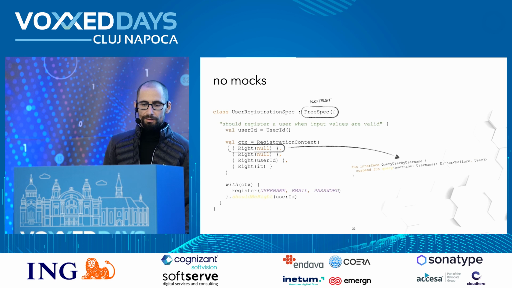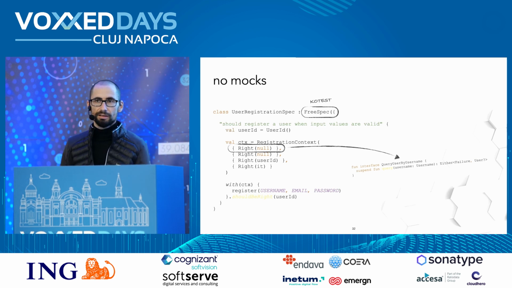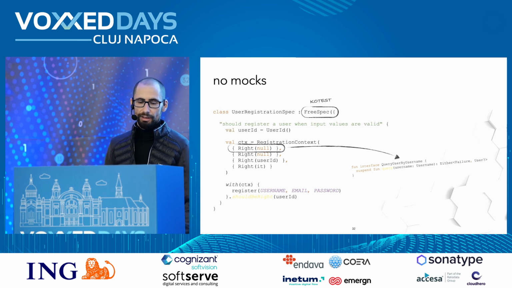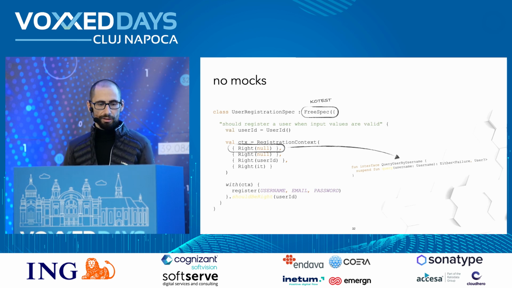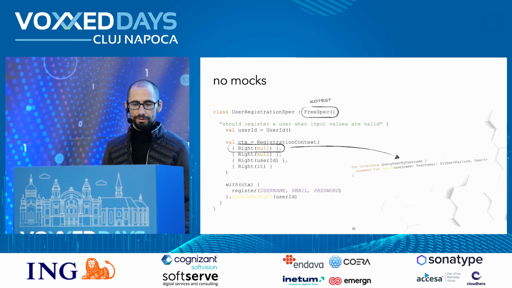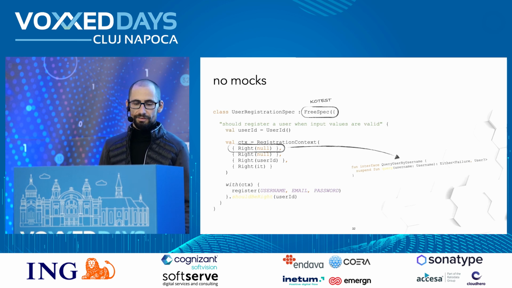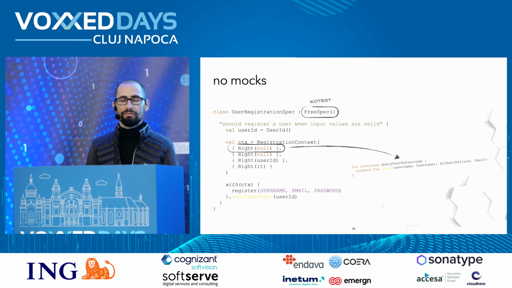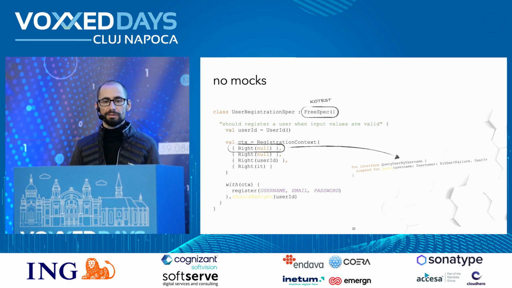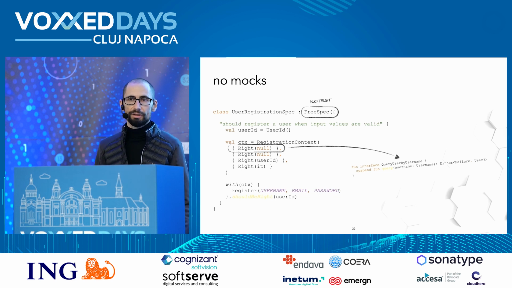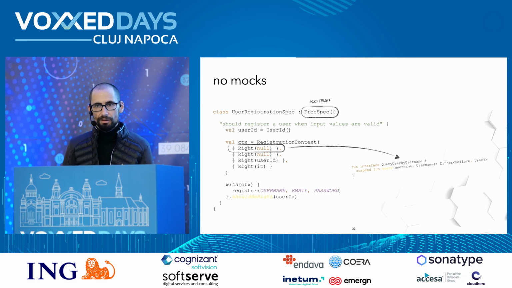Now, another thing you will notice here is a scope function called with. And basically what I'm doing, I'm using the with scope function on the registration context that I've defined previously to bring it into the scope to be able to call my register function. Now I'm calling the register function as if it was a part of the registration context class, even though it's not.